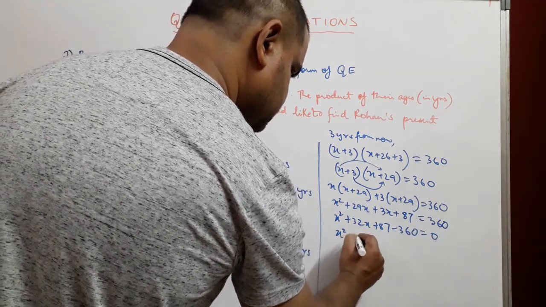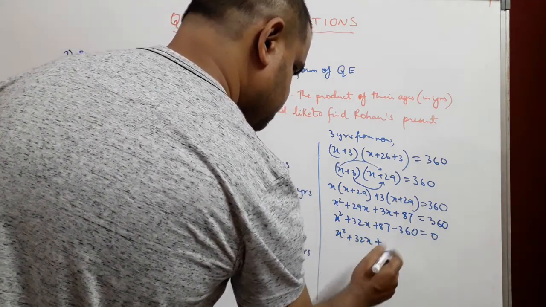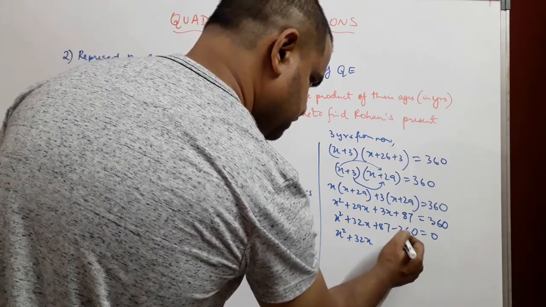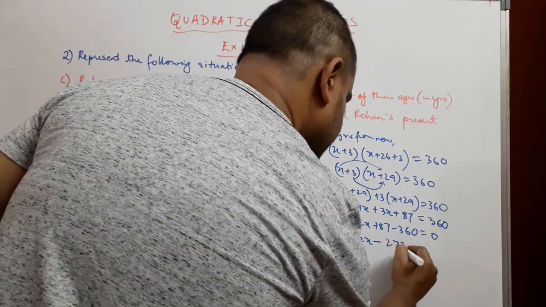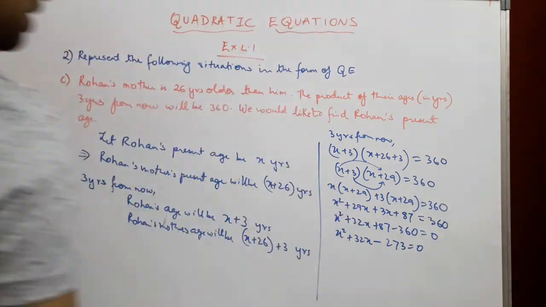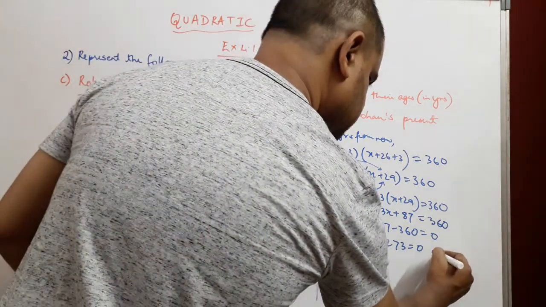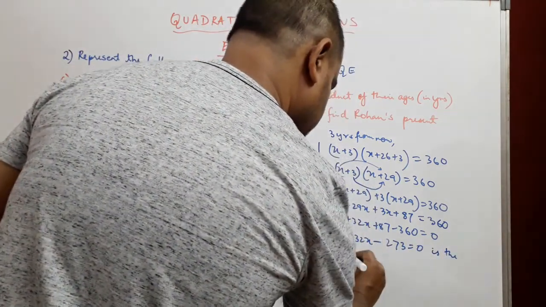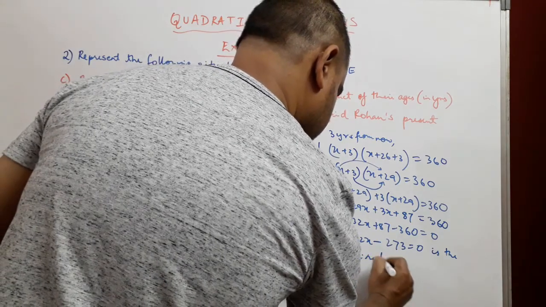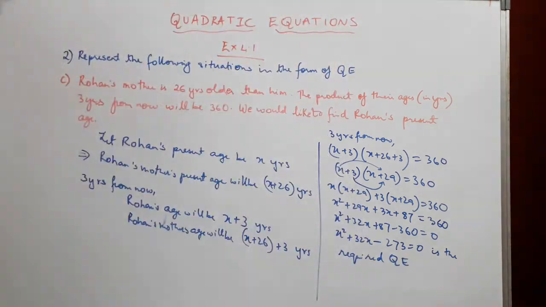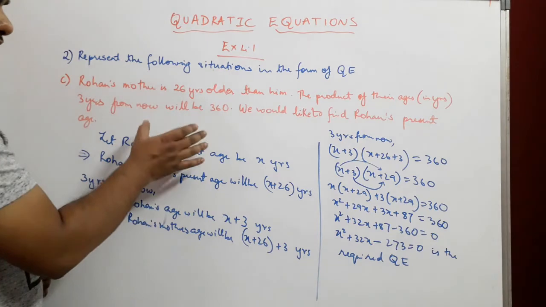X square plus 32x, it will be minus because of the sign of the greater number, 273 equal to 0, and that is the required quadratic equation.